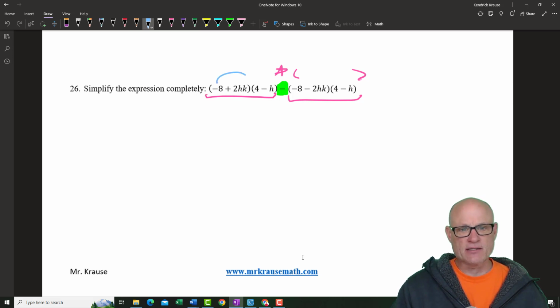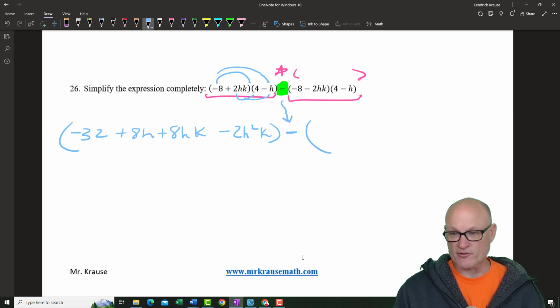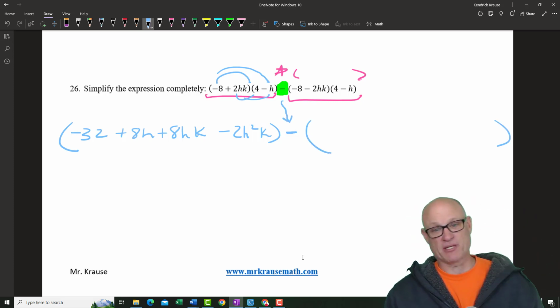So I get negative 32 plus 8h, plus 8hk, minus, now I'm going to be careful here, 2h squared k. And maybe I'll just leave that in parentheses for now. Bad minus. Keep this one in parentheses. This second one must be in parentheses.